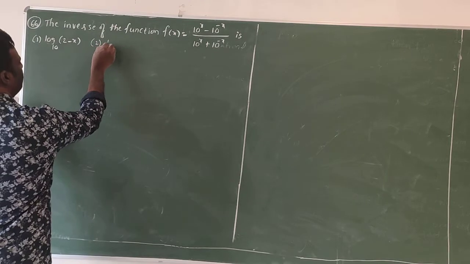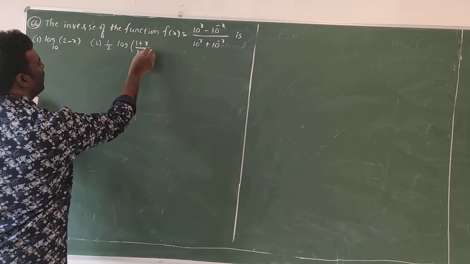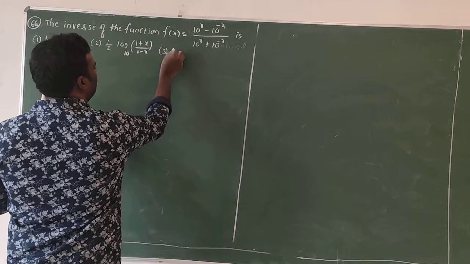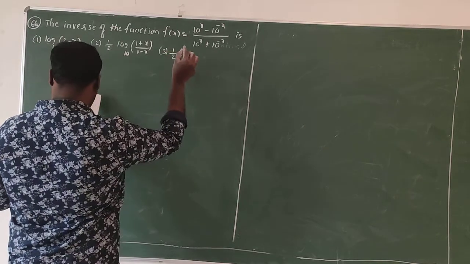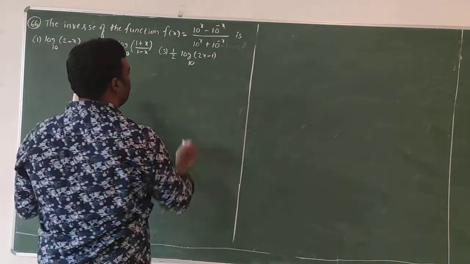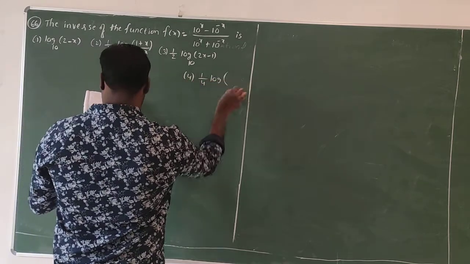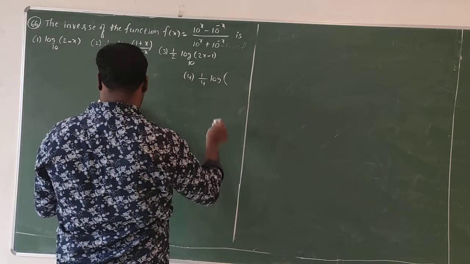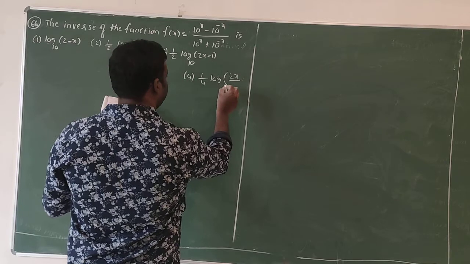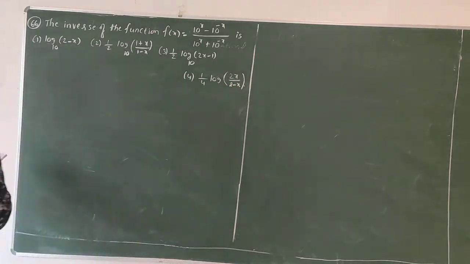Second option 1 by 2 log 1 plus x by 1 minus x base 10. Third one 1 by 2 log 2x minus 1 base 10. Fourth one 1 by 4 log 2x by 2 minus x.